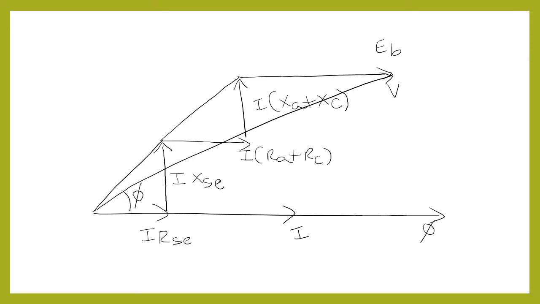So in the phasor diagram we have current in phase with the flux phi, and the drop in the series field winding IRSC is also in phase with flux phi, and the drop in the series field winding due to reactance is 90° out of phase with flux phi, that is it is leading flux phi by 90°, that is IXSC.